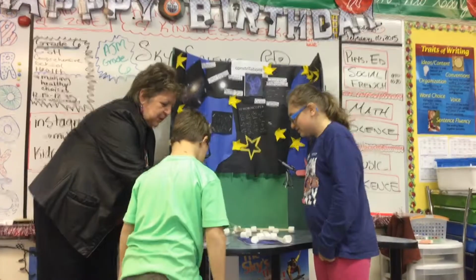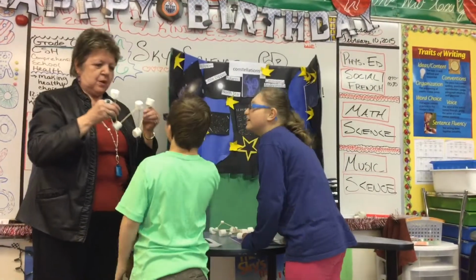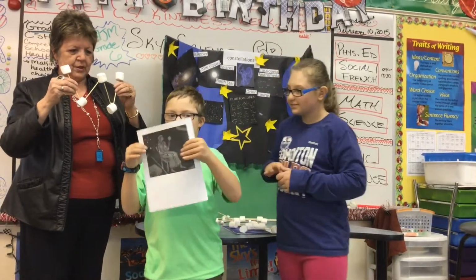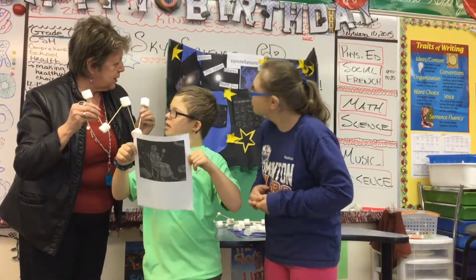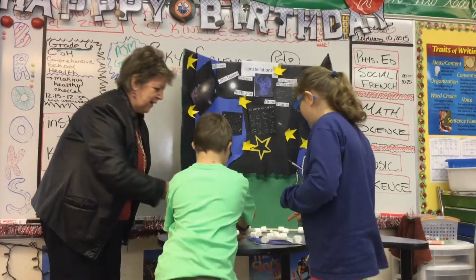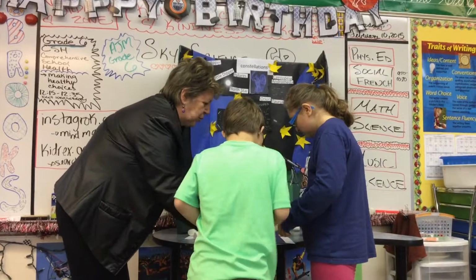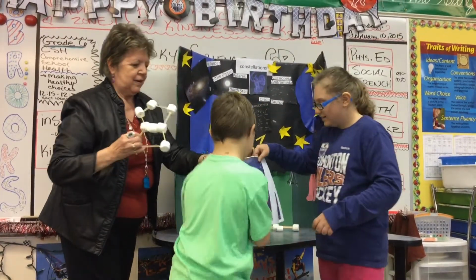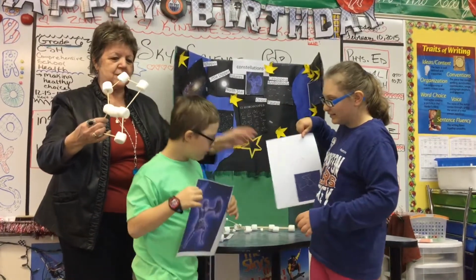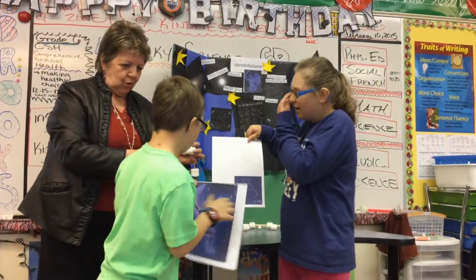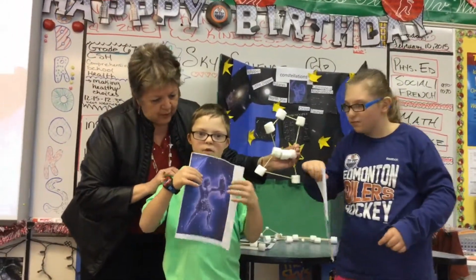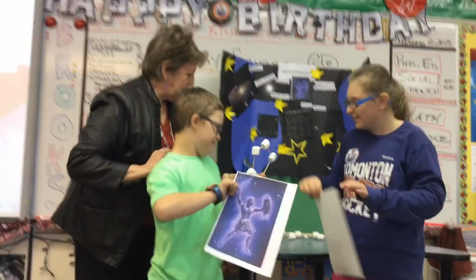So what's this one? Hold the picture up. Show it to the class. And what's it called? Cassiopeia. Next. And then what's this? Hold the picture. Each one, take one. And who is this? Nice.